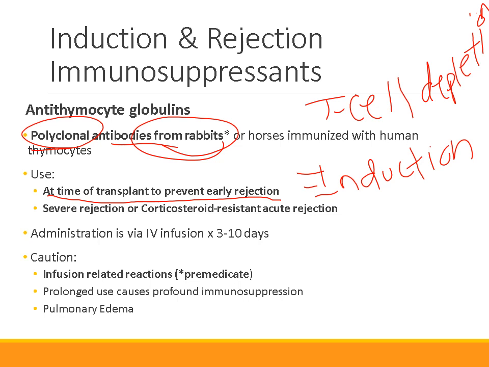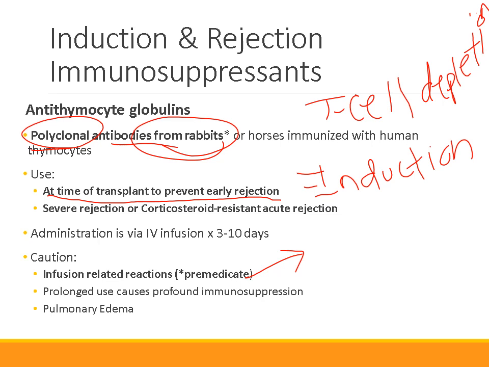When we look at adverse drug effects or cautions related to the anti-thymocyte globulins, they are associated with infusion-related reactions. This is typically flu-like symptoms, so chills, fever, body aches. In order to decrease or prevent these, we do pre-medicate.